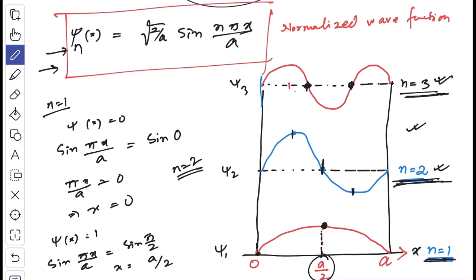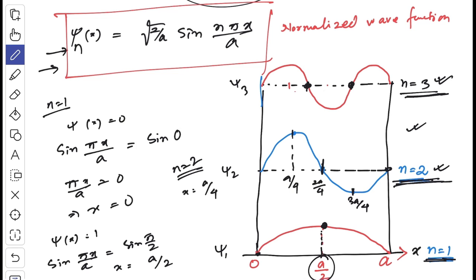Now in this case, if you find the maximum, you will get x is equal to a by 4. So this point is a by 4, and this is twice a by 4, that means a by 2, and this point is thrice a by 4.